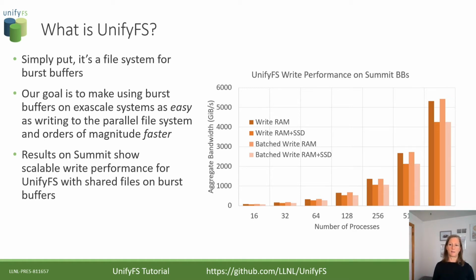And on this system, the burst buffer we're referring to as SSD. And then we're showing the difference between individual write operations versus batched write operations using list.io commands. So what you see here, the takeaway message, is that UnifyFS is able to scale very well as we increase the number of processes in the job.